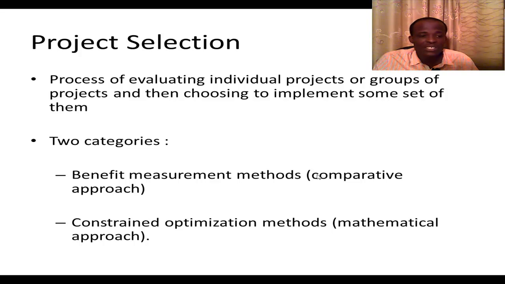The project selection process involves evaluating individual projects or groups of projects that an organization wants to embark upon, and then choosing to implement one or a set of them. There are 2 main categories of project selection methods. We have the benefit measurement methods, or the comparative approach, and then we have the constraint optimization methods, or the mathematical approach.